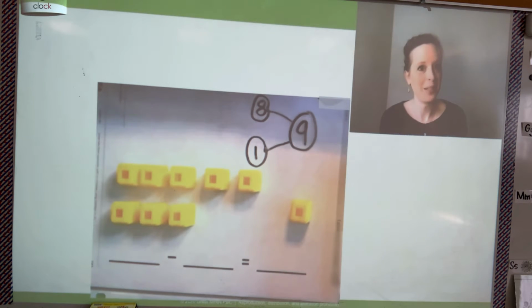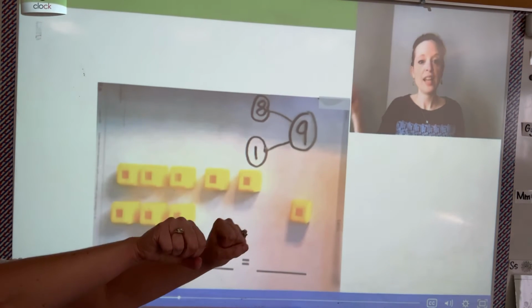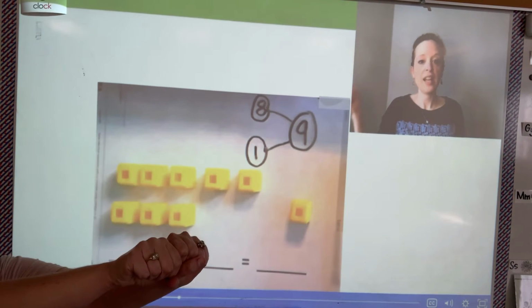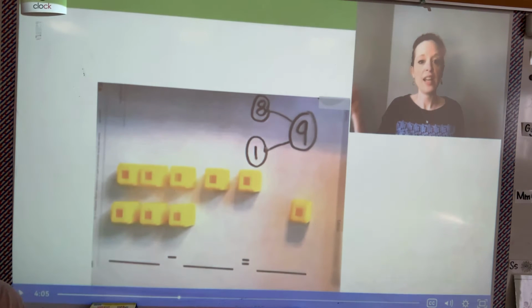Now that we've done a number bond, first with our arms, then written down, last, let's figure out a number sentence. In our story, did we add more bears or did we take some bears away? Show me with your arms. If we were adding bears, do like this. If we were taking some away, do like this. Very good.